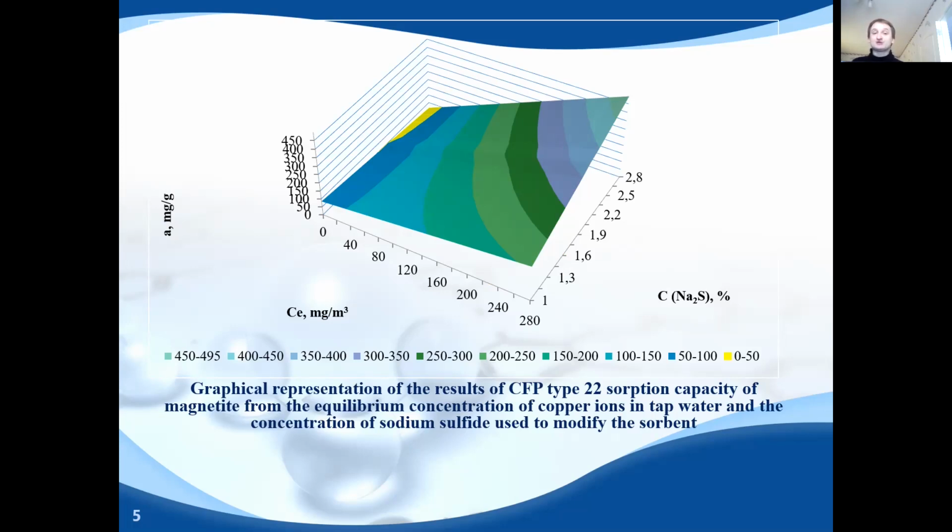Therefore, to increase the sorption capacity of magnetite obtained at a ratio of K 1 to 2, in the process of synthesis it was modified with sodium sulfide.